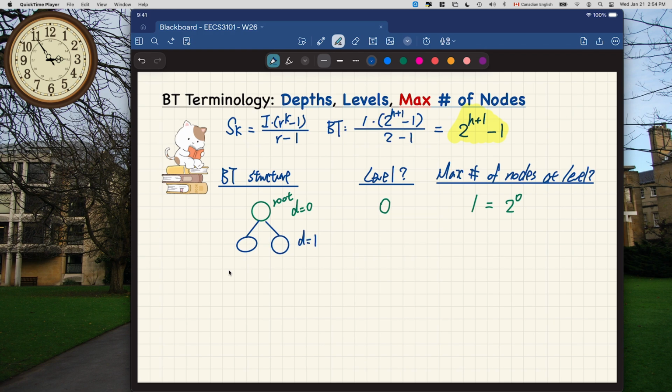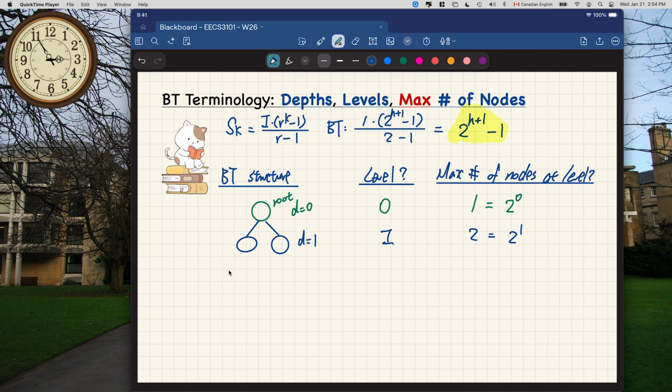That means the number of edges from these 2 nodes to the root is just 1 edge from each of them. So this will be level 1. The number of nodes is 2, left and right, maximum, which is 2 to the power of 1. Let's do one more, and then we can almost generalize the pattern. Maybe you're doing some similar analysis, and just 2 levels will be enough for you, but it depends.